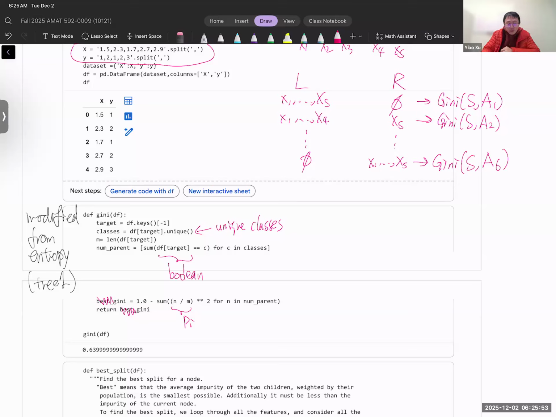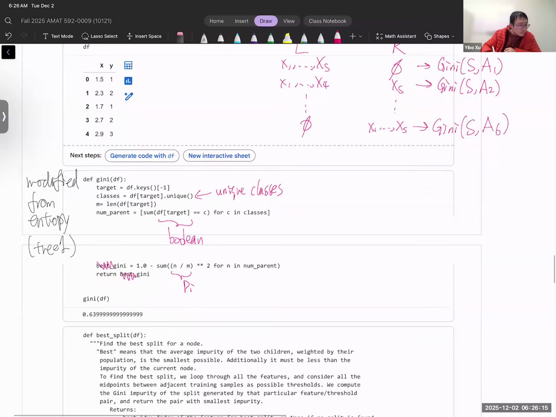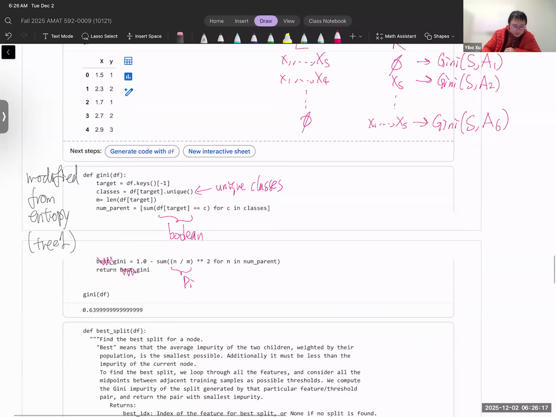And here for every data within class C, you're going to sum, and that's just counting, just the population you're dividing, and so you get a PI. So there's nothing really special here, okay. So this is modified from the entropy function there.